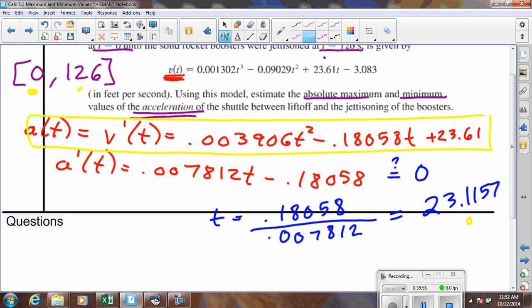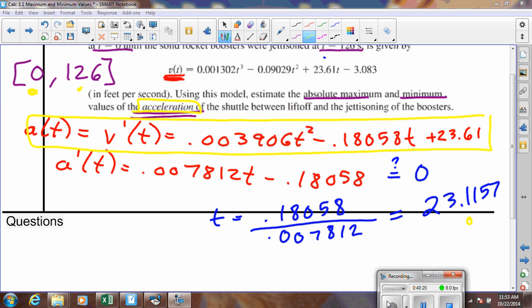Well, I don't want to crunch all the numbers, so I'm going to use the calculator with the given feature again. The question was asked, why aren't we using the original function? Because we want to know the absolute maximum of the acceleration function, and so everything has to be based on that.